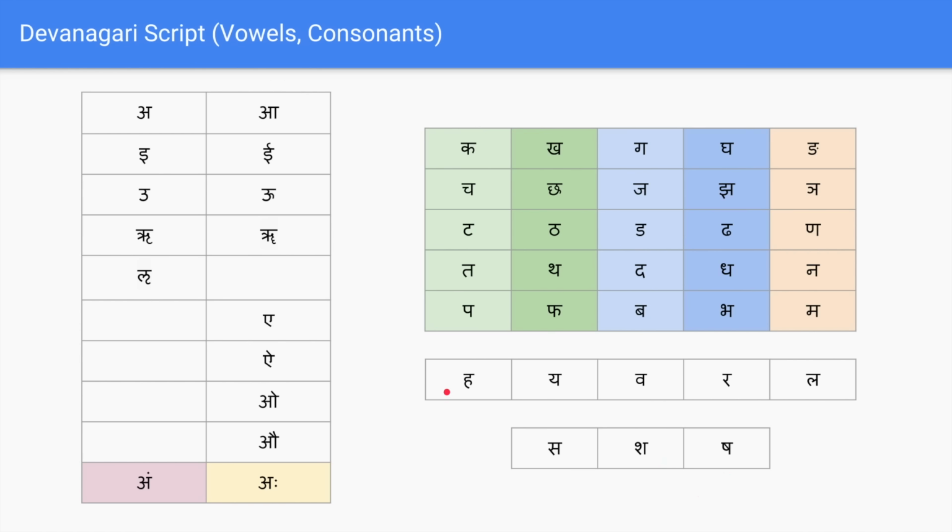So again once more: Ha, Ya, Va, Ra, La, and Sa, Sha, Sha. So only these are the total vowels and consonants in Sanskrit, and we will see how we use these together in words in the next slide.